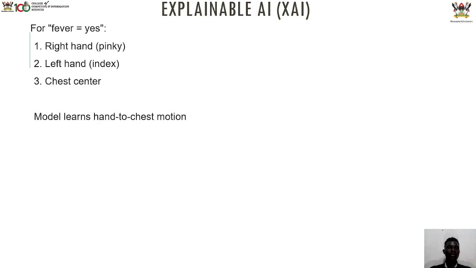And then with the explainability, let's say we're trying to look for whether someone has fever. If fever equals yes, then right hand is pinky, left hand is index, and chest center. So the model learns the hand to chest motion for this situation.